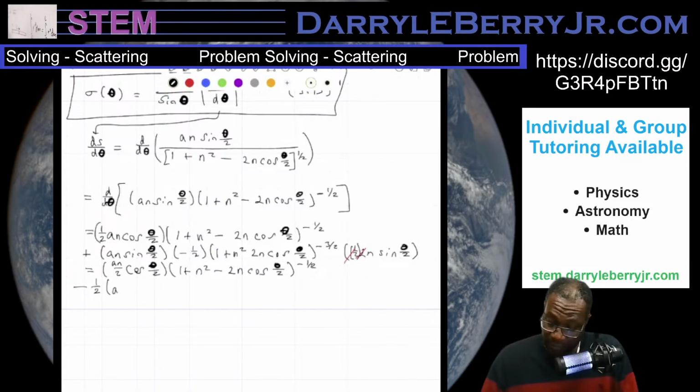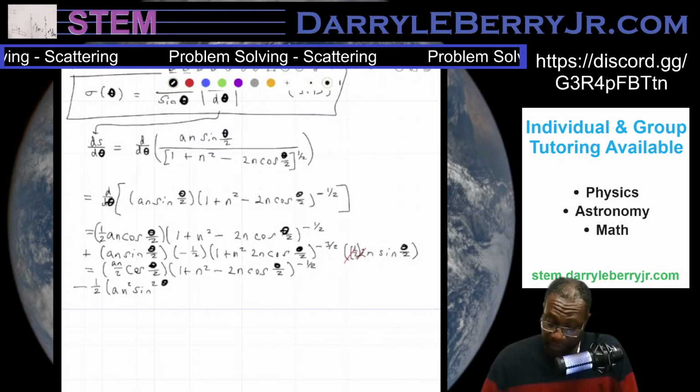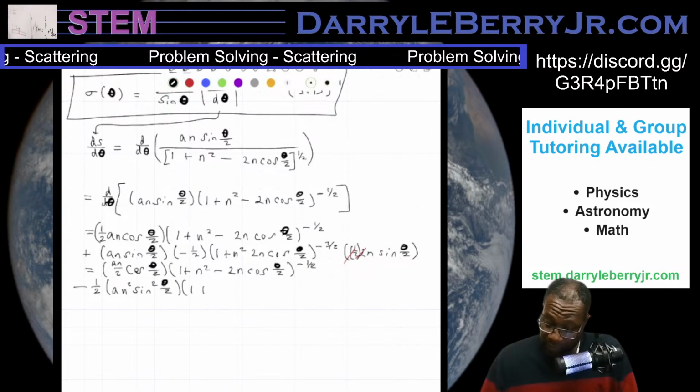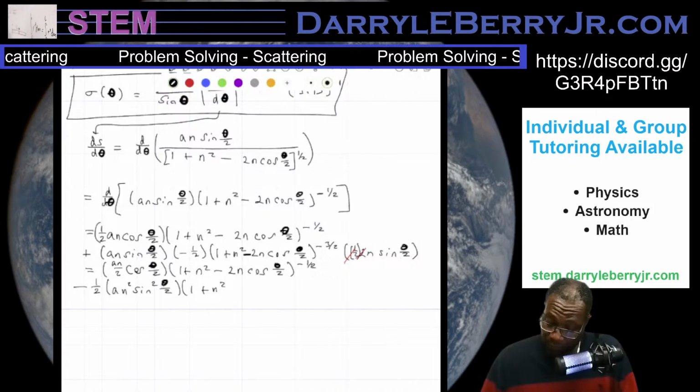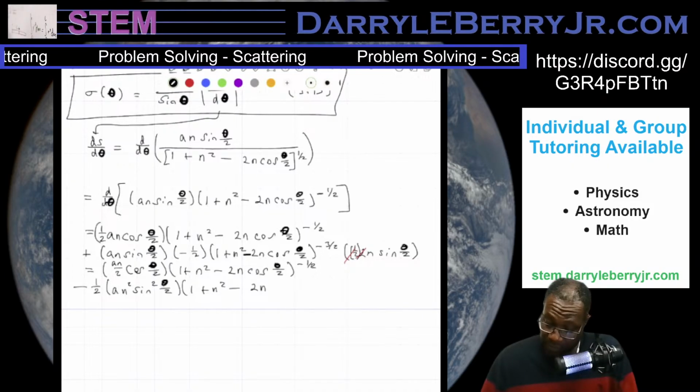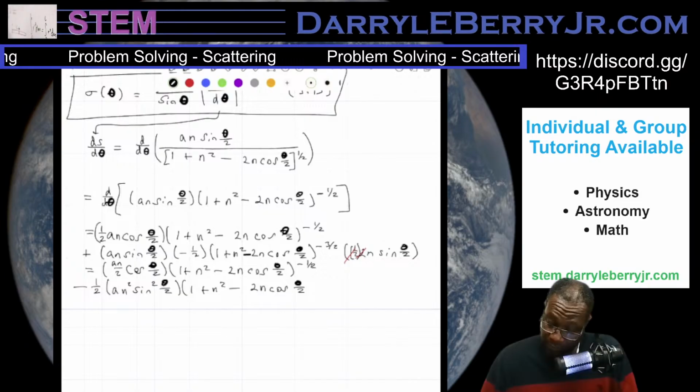We have n squared sine squared theta over 2, 1 plus n squared minus 2n sine theta over 2, to the negative 3 over 2.